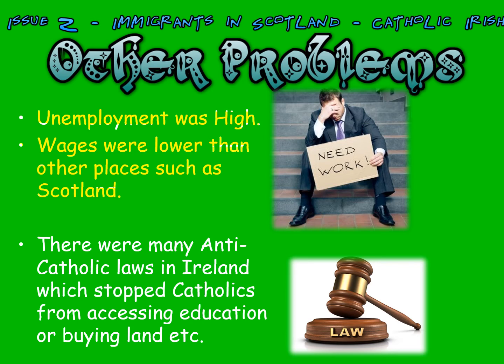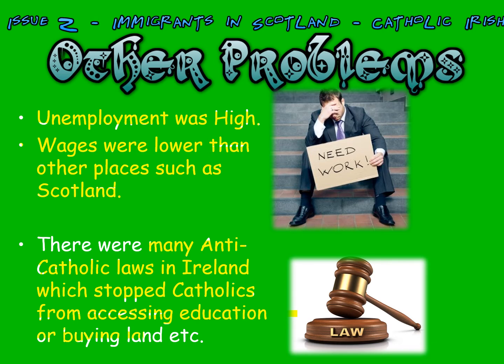And there's an awful lot, for the Catholic Irish in particular, of these anti-Catholic laws in Ireland, which meant that if you were a Catholic, you could not necessarily access education, so you couldn't make yourself any more skilled, or even learn to read or write on some occasions.